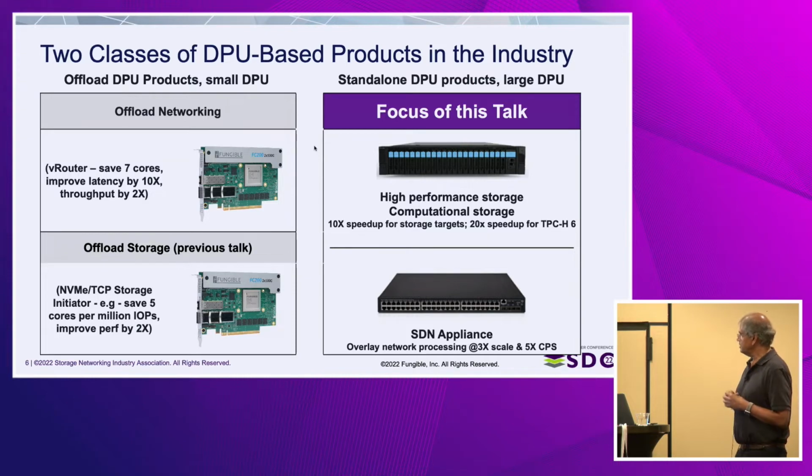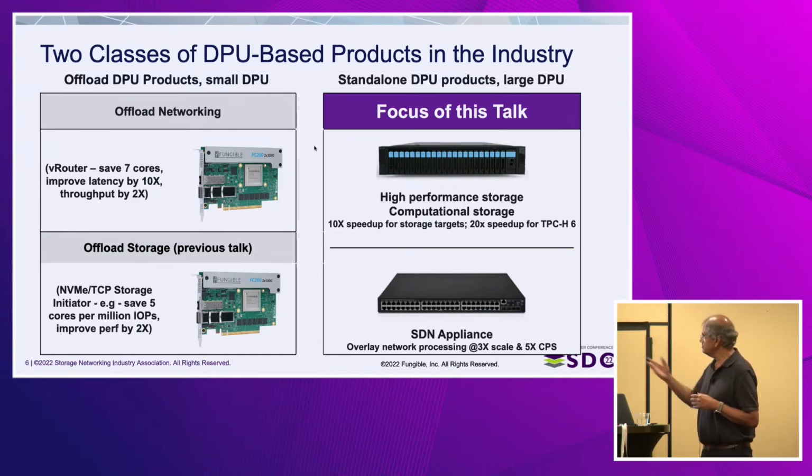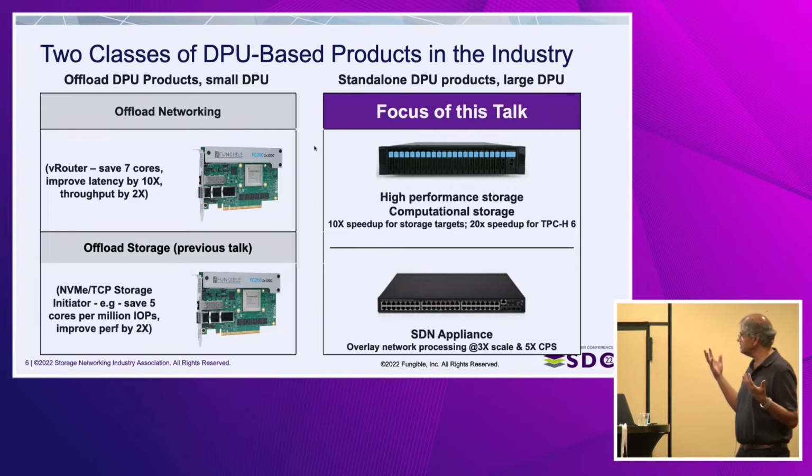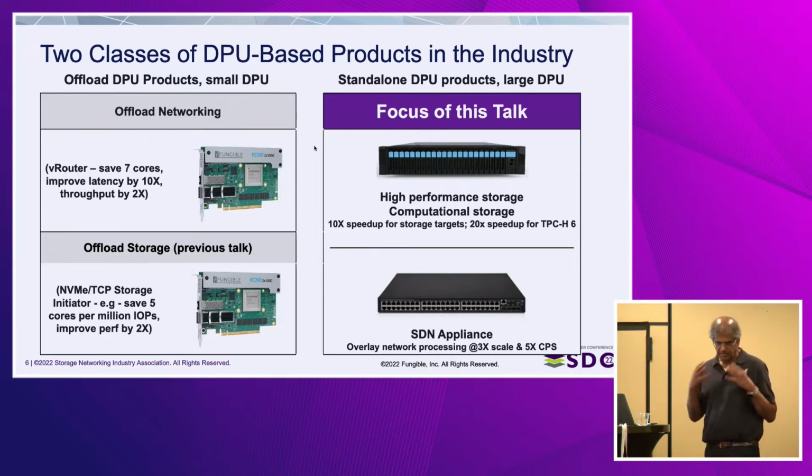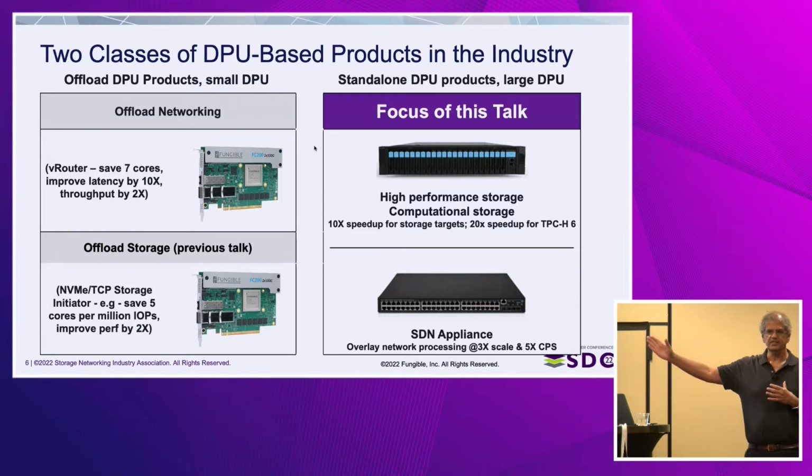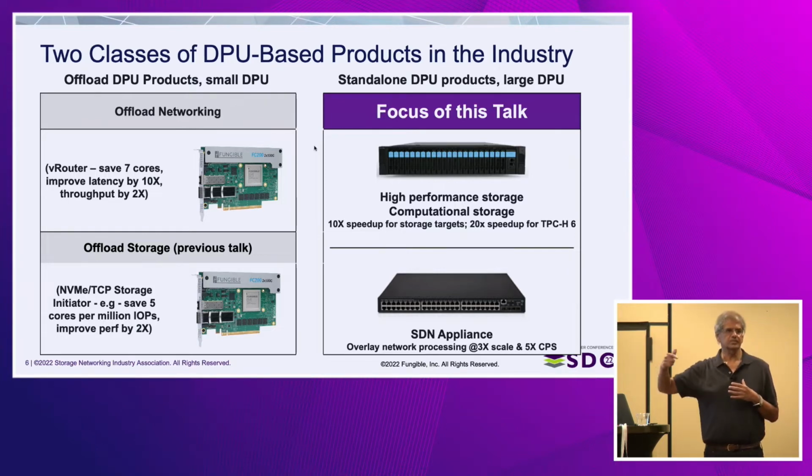And we had a very nice talk about running a storage initiator as an example of offloading NVMe TCP driver and not running it on cores and moving it onto the card. We've also built switching and routing functions. The particular card we built could save you 7 cores. It could improve latency a lot, could improve throughput a lot. So there's one set of products on the left. I think most people, when they think DPU, think the products on the left. They think SmartNIC, they think, I want to offload something from my server.